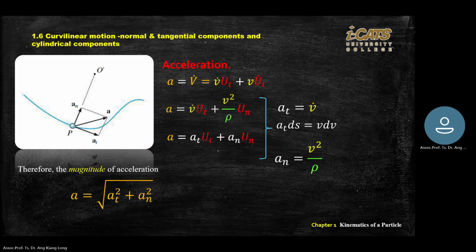Now, another one. Then you move to AN. For AN, just memorize this equation. In your answer, you write AN equal to V squared over rho, you get 1 mark. Anytime the question asks you to find the normal component of the acceleration of the object, you write AN equal to V squared over rho, you get 1 mark.